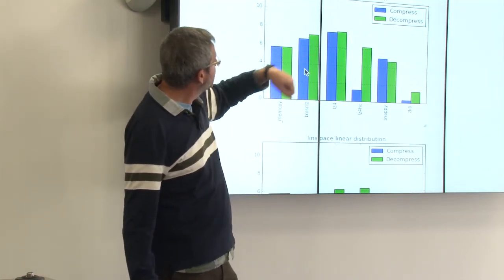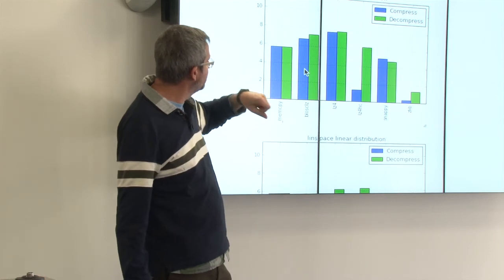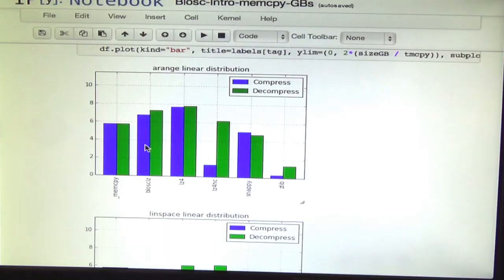So for this arange distribution, we can see that BloscLZ can be actually faster. Then there is LZ4 that can be even faster than BloscLZ. LZ4HC is a high compression mode of the same compressor as LZ4, and they share the same codec, okay? But they are meant to spend more time compressing, and they can achieve better compression ratios.